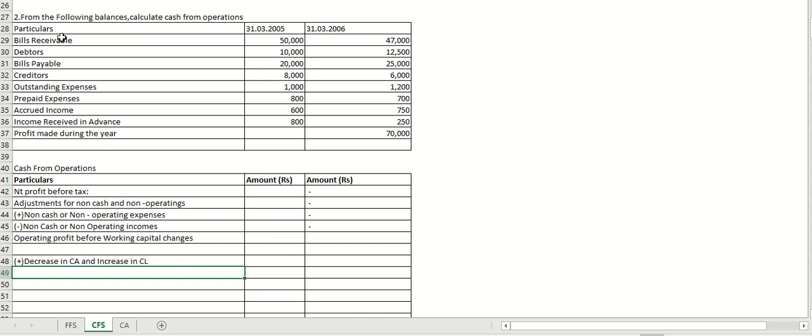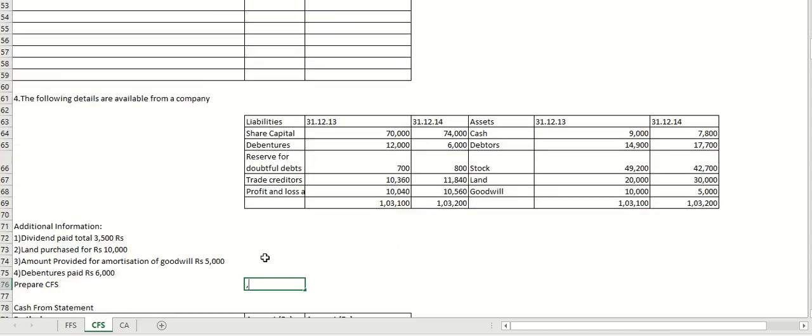So if you see what all current asset have decreased, bills receivable have decreased. So bills receivable, what is your decrease amount? Decrease in bills receivable. So the amount is 50,000 minus 47,000, you get 3,000.